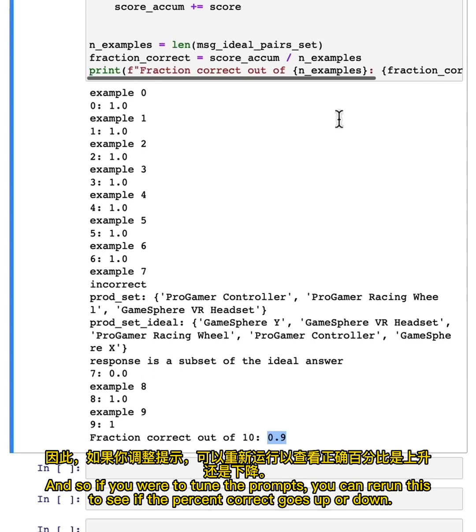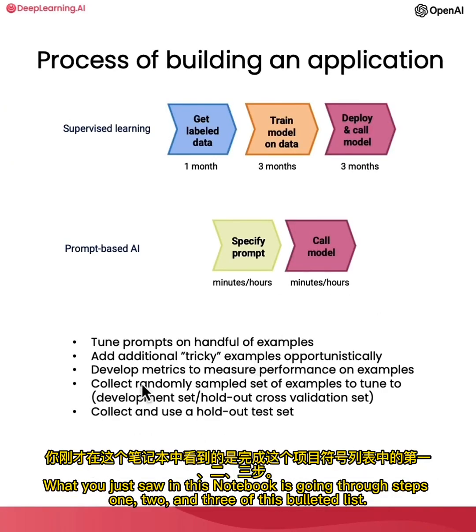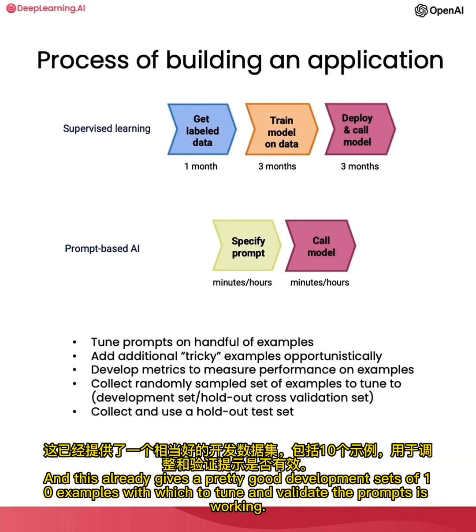What you just saw in this notebook is going through steps 1, 2, and 3 of this bulleted list, and this already gives a pretty good development set of 10 examples with which to tune and validate that the prompt is working.